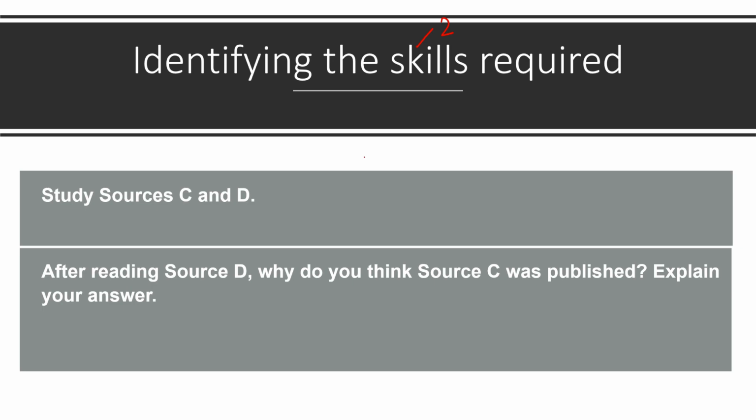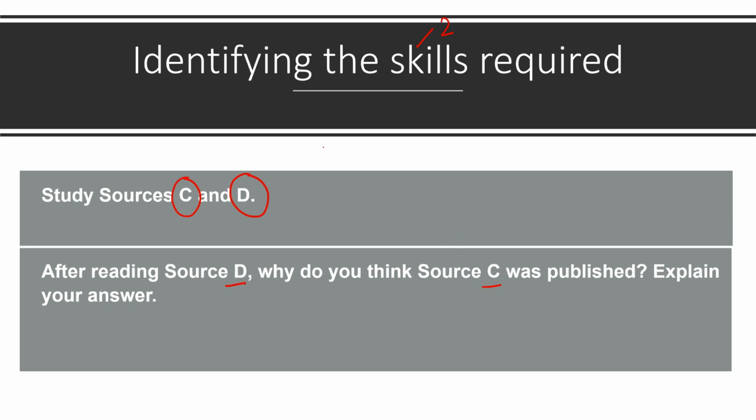This is a good habit to have because you never know what type of new innovative questions can come out at your O or N level exams. Having this will prepare you for any variation that might come. Firstly, in this particular question, there is a requirement to study two sources, C and D. If you read the question itself, having read D, why do you think source C is published?